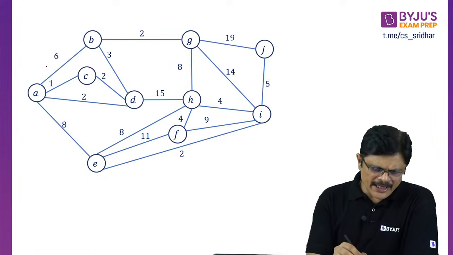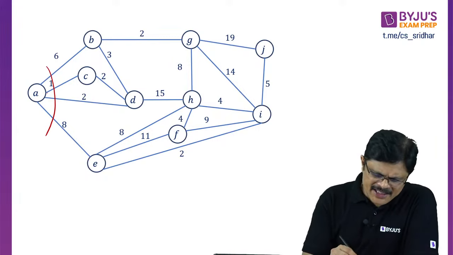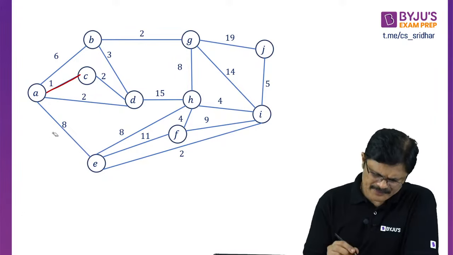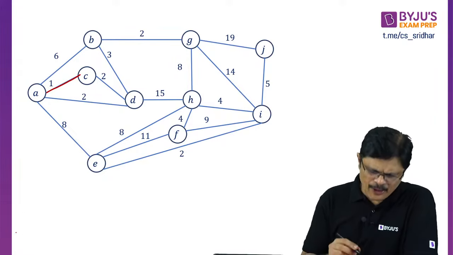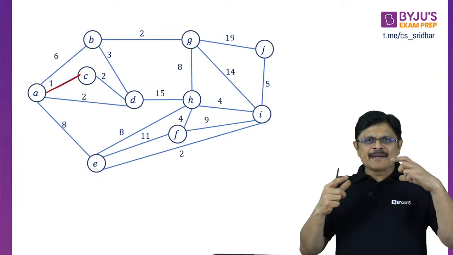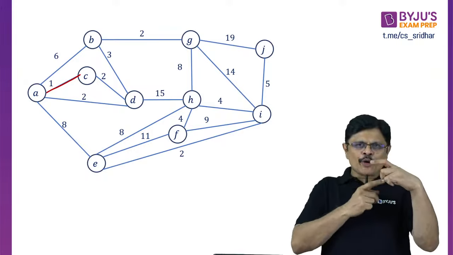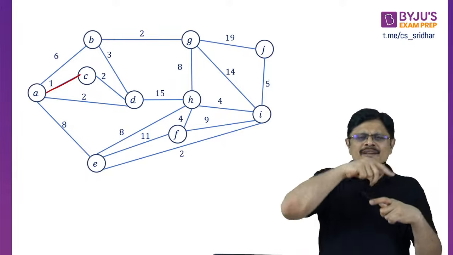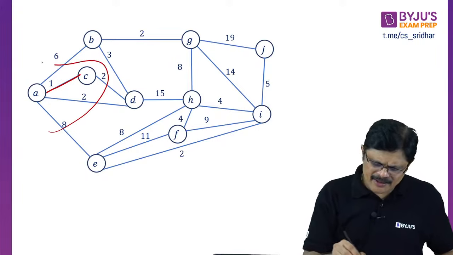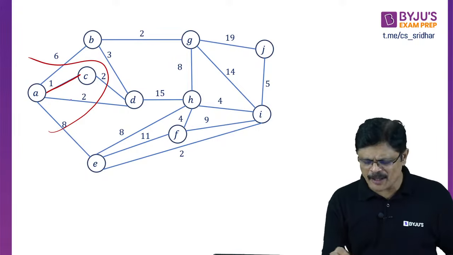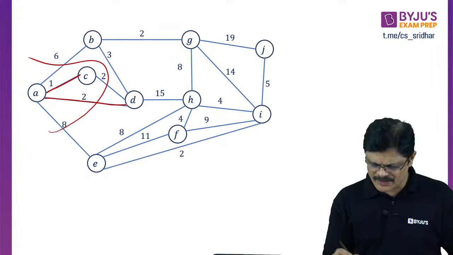See, first you create a cut, select the least edge, remove the cut. Now from AC you have to separate the remaining; both are selected now. From AC, both vertices, you try to identify the edges going out, that you create a cut. This is a cut. In this, the edges are 6, 2, 2, 8. Which one is small? 2 is small. I selected 2.